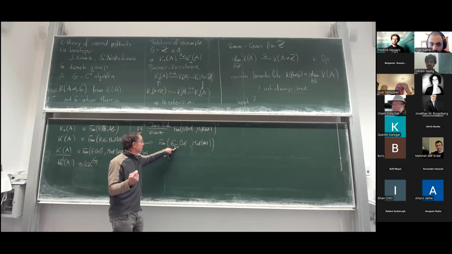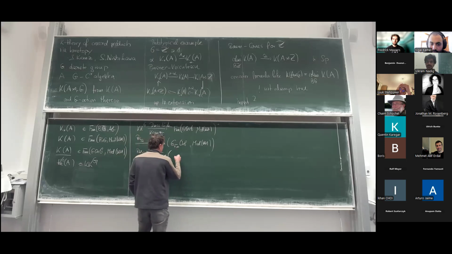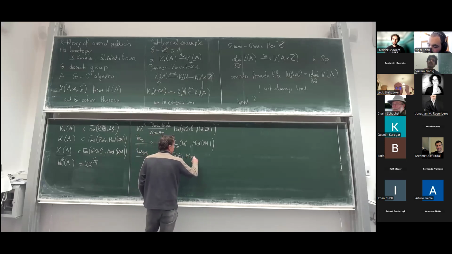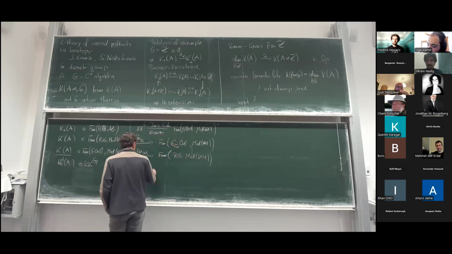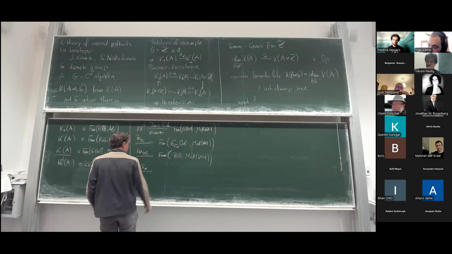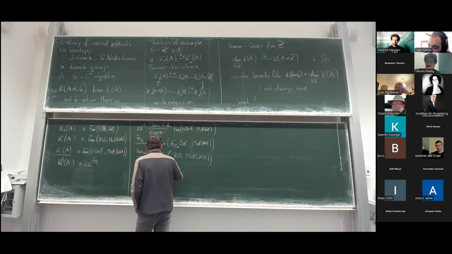And this subcategory is equivalent to BG. G acts from the right, so we get a restriction to BG. And then from here, I can take homotopy groups, and then I get my abelian group.